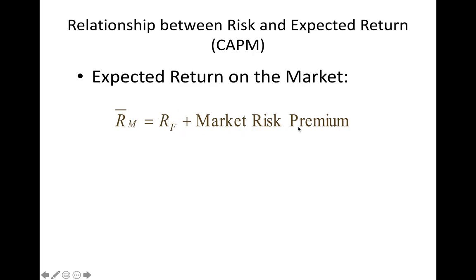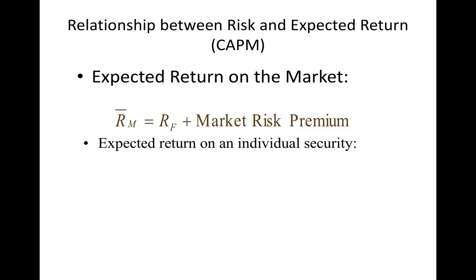Then there is the actual compensation for the risk that you hold, because remember that in a well-diversified portfolio, you're holding what? Systematic risk, which is referred to as the beta. Now, when you extend that thinking to an individual security, you can say that the expected return on an individual security is made up of two parts: the risk-free rate plus the compensation for systematic risk.